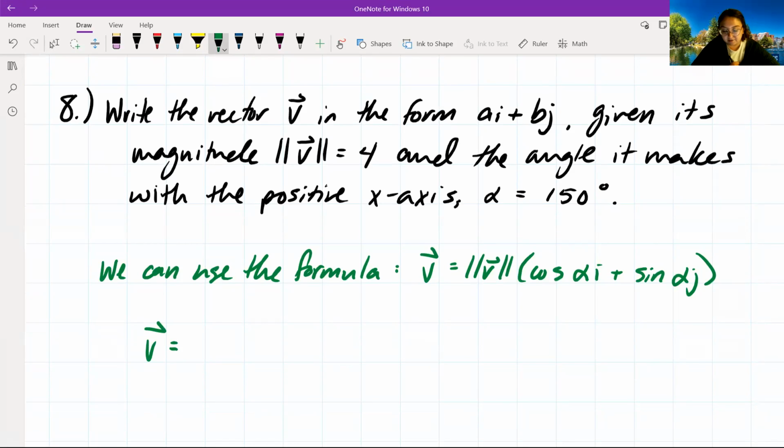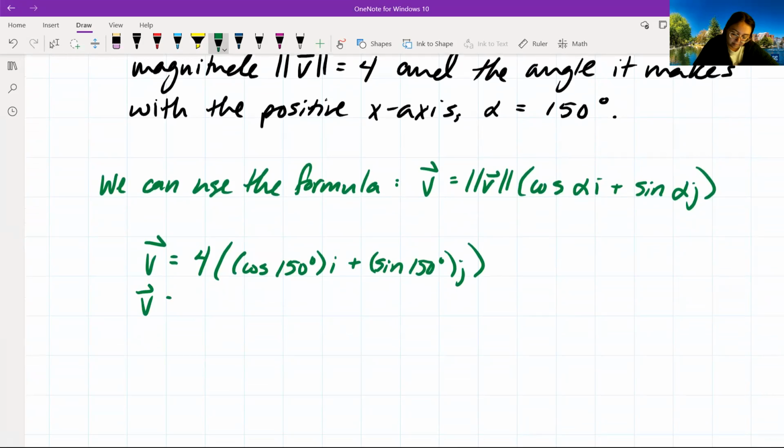And since we have our magnitude and we have our angle, we can go ahead and solve this fairly easily. So we have v is going to be equal to 4, that's our magnitude, times cosine of 150 degrees times i plus sine of 150 degrees times j. We can use a unit circle or calculator to find the value of cosine of 150 degrees and sine of 150 degrees.